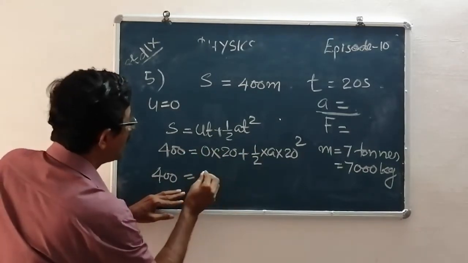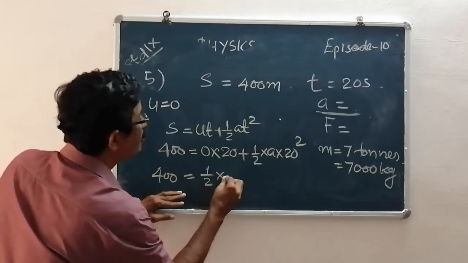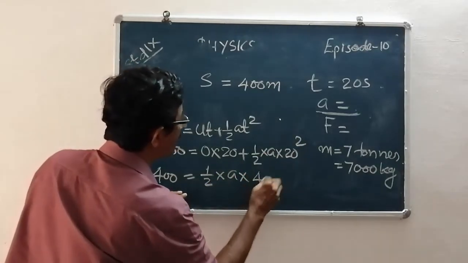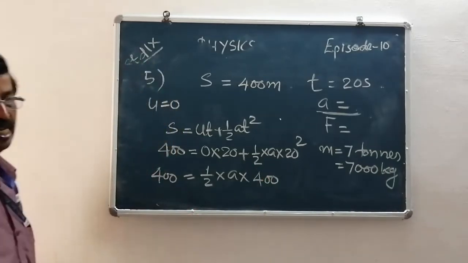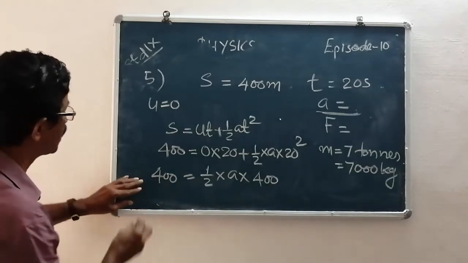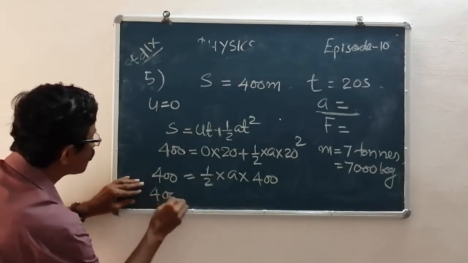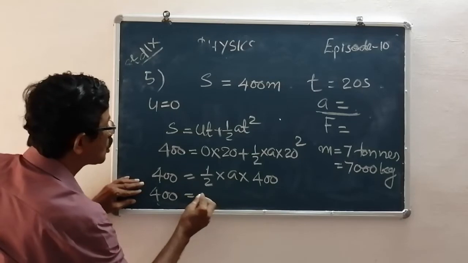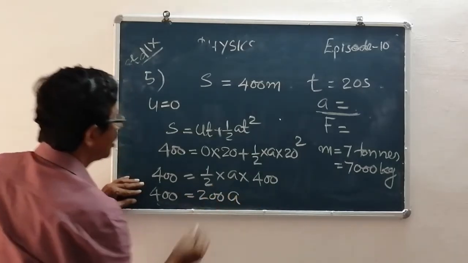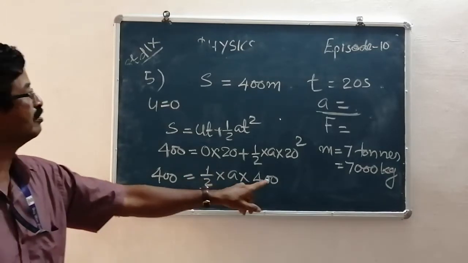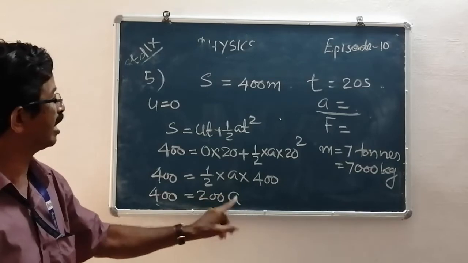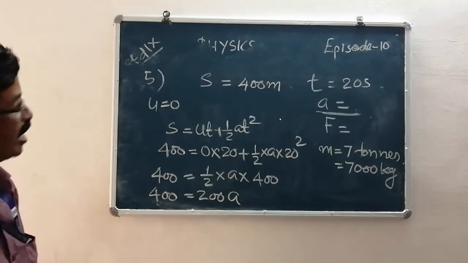This becomes half into a into 20 squared, which is 400. Dividing 400 by 2 gives 200, so 400 equals 200a. From this we can find a.